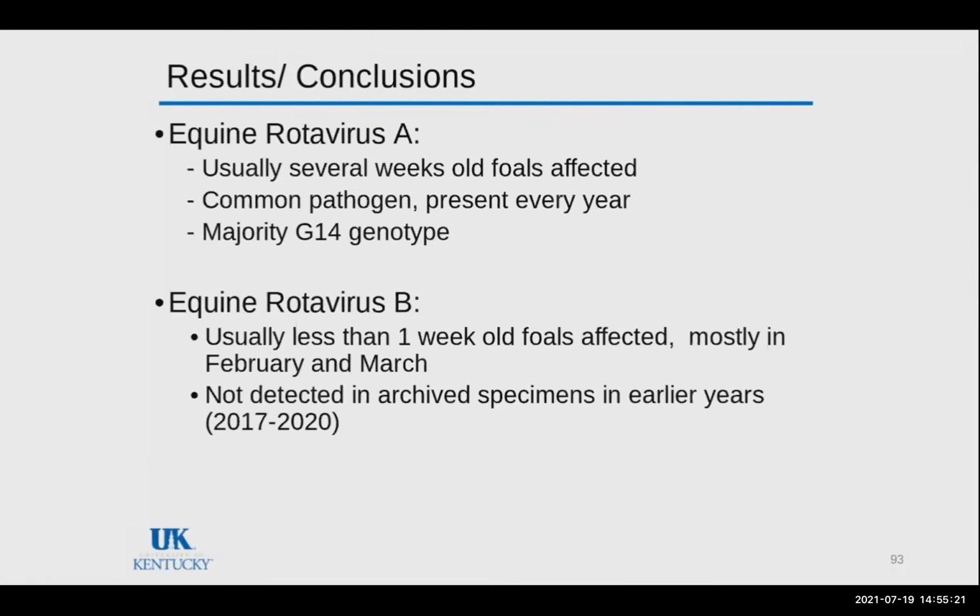Also, one probably needs to look at the presence of this virus in older animals, older horses, because rotavirus B is found in adult humans as well. So maybe this virus is indeed present in older horses. If that's the case, we may see this problem in the next years as well. Also, as I mentioned earlier, this virus was not detected in archived specimens from earlier years, 2017 to 2020.